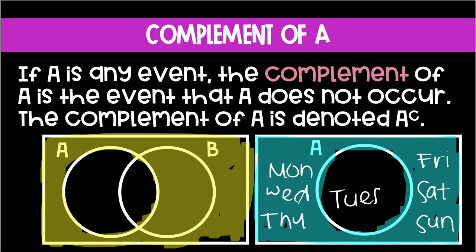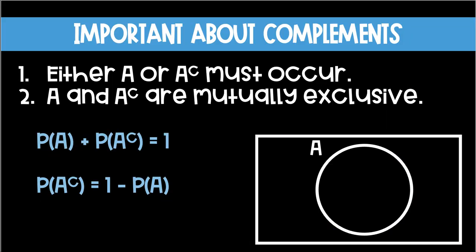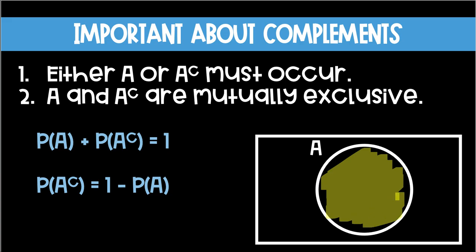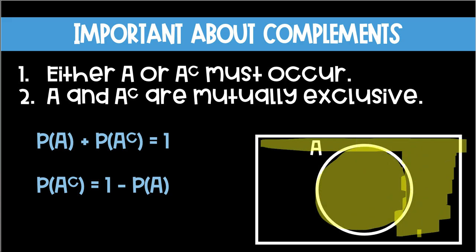Here are some important rules about the complements. Those are mutually exclusive. A and the complement of A cannot happen at the same time. Either can happen, but not both of them together at the same time. If we add the probability of A plus the probability of its complement, what do we get? A whole.